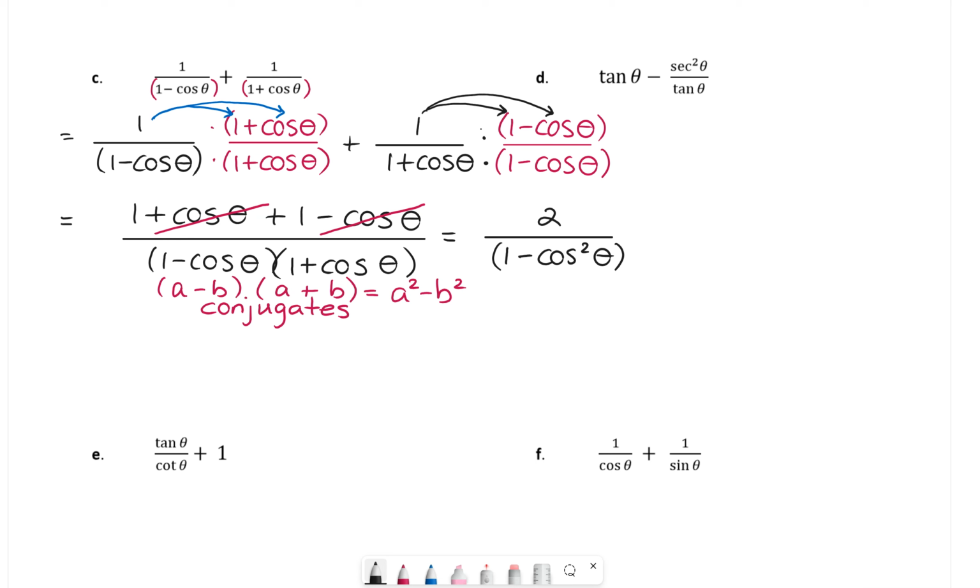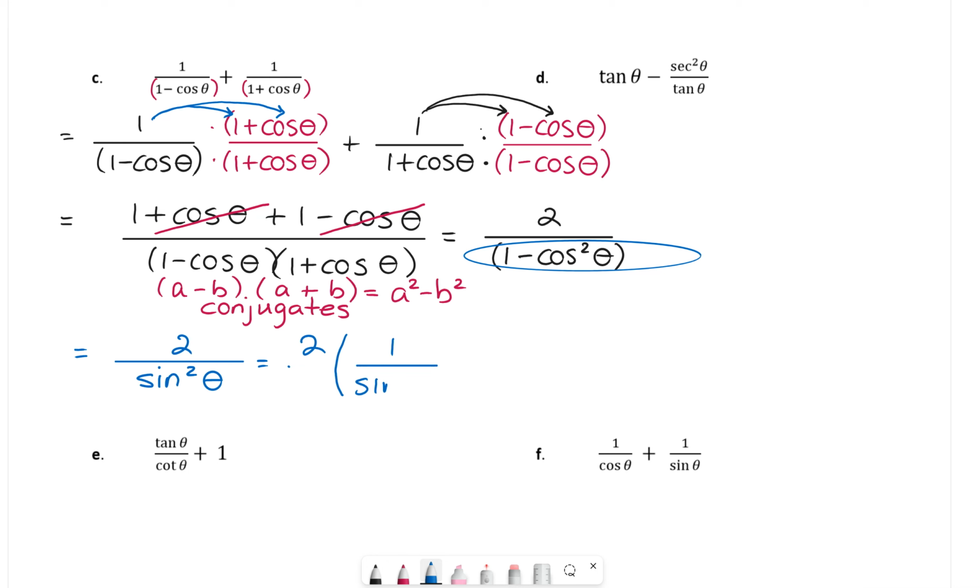Okay? Now, go look at your formula chart, and you're going to realize that this actually is a trig identity. 1 minus cosine squared is equal to what? So if you go look at that, you should be seeing that it is equal to sine squared theta. Okay? But we know that 2 over sine squared theta is actually the same thing as saying 2 times 1 over sine squared theta.